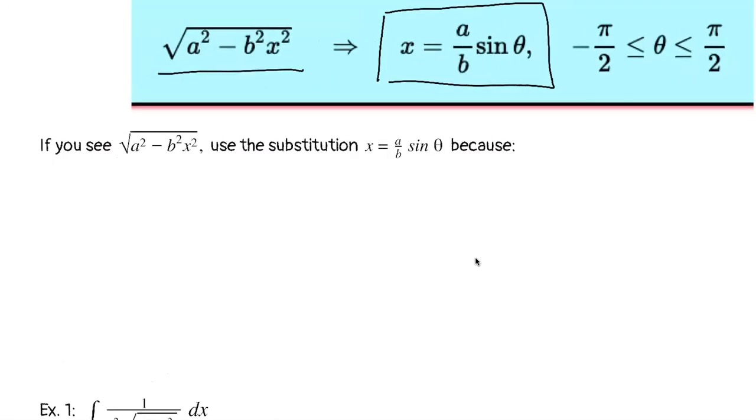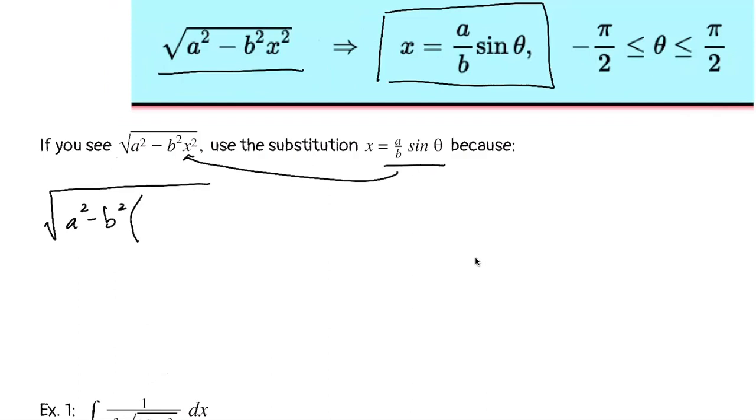So what we're going to do is take this a over b sine theta and plug that in for the x over here. When we do that, we're going to end up with a squared minus b squared, and then instead of x, I'm going to put a over b sine theta squared.